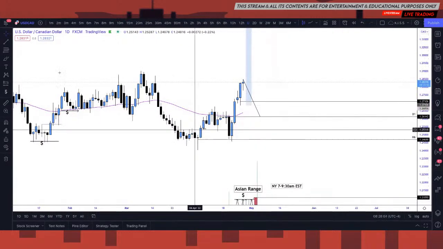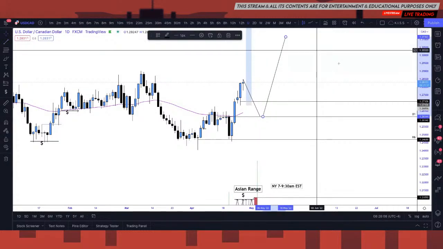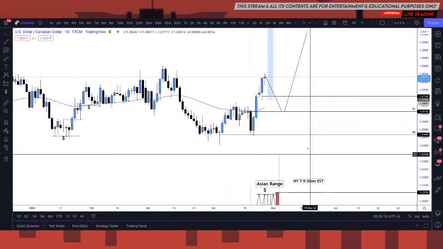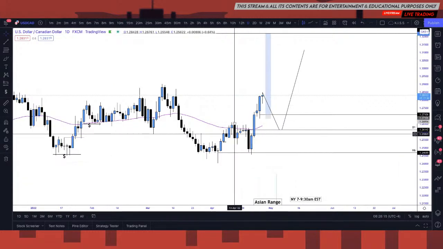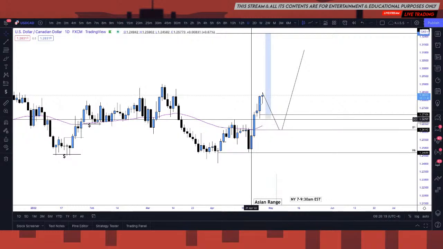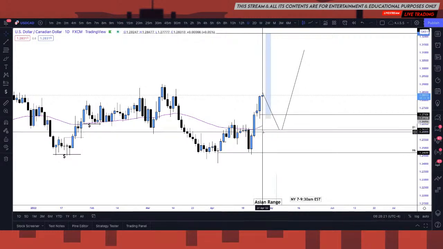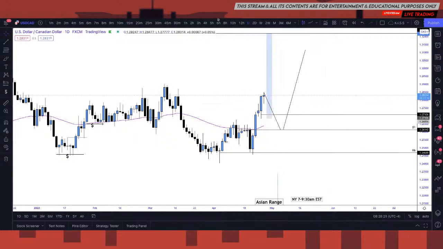All right, and then we can take this thing up to 1.3220. All right, so two different levels here on USDCAD. We've also got the daily 50 EMA now curving up, obviously supportive of price now, more than likely. All right, so very, very clean on USDCAD.